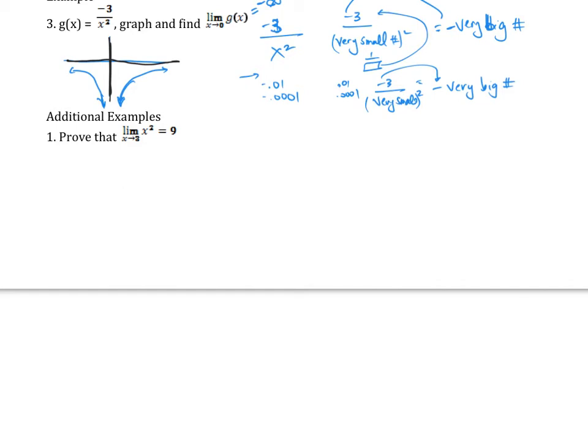We need to prove that the limit as x goes to 3 of x squared is 9. Well, obviously, you can plug it in and get 9. But here's how we do this. We're going to write it all out.